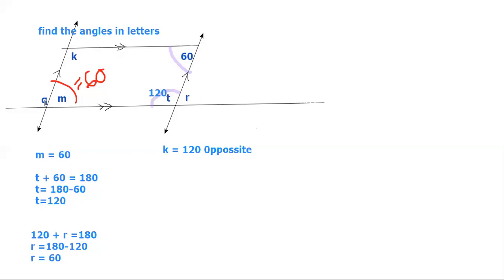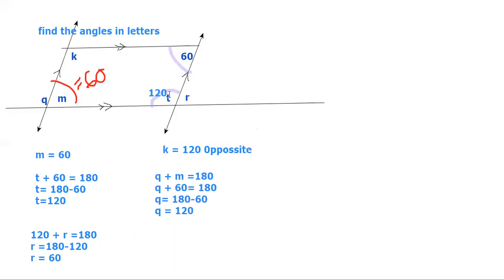Q is easy because Q is 120. Remember that Q plus M, which is now 60, is equal to 180, implying that Q plus 60 equals 180, implying that Q equals 180 minus 60, implying that Q equals 120.